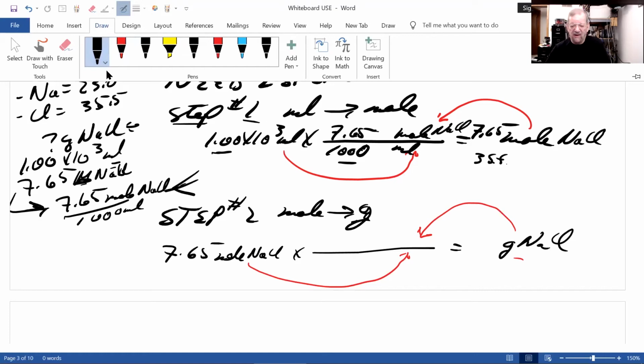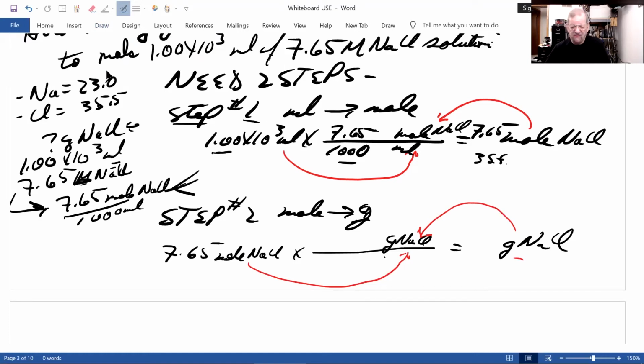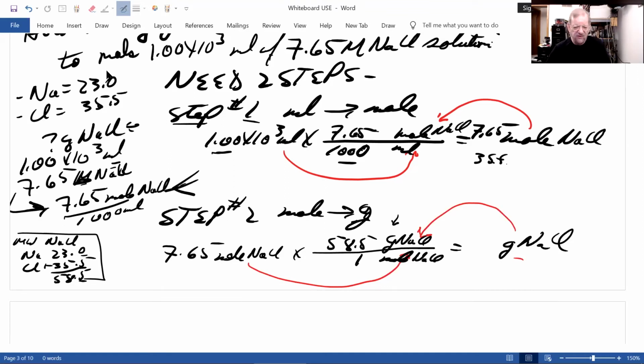I have grams sodium chloride, moles sodium chloride, and 1 mole equals the molecular weight of a compound. I'll do it over here. Molecular weight sodium chloride. I have 1 sodium, 23.0, 1 chlorine, 35.5, add them up, 58.5, 1 past the decimal, 1 past the decimal, 1, so that's 58.5. Notice moles cancel out. I'm left with grams.